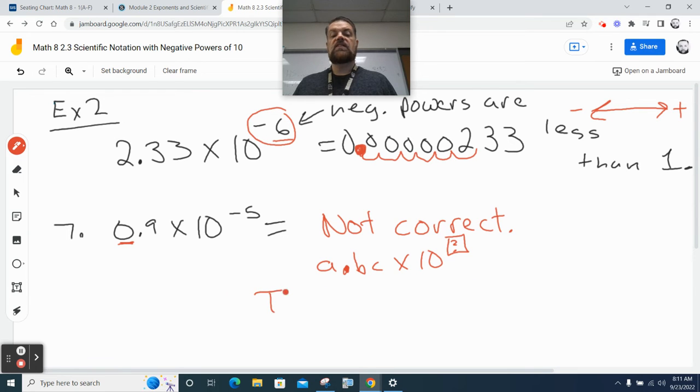So then you would say the correct way, draw a little arrow, would be, we need to move this decimal 1 space this way, right? 9.0. And then we got to think about how that looks.